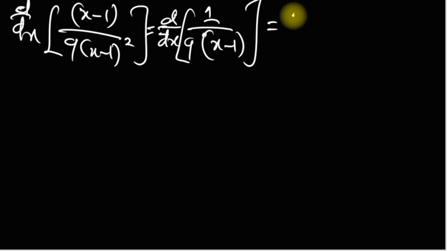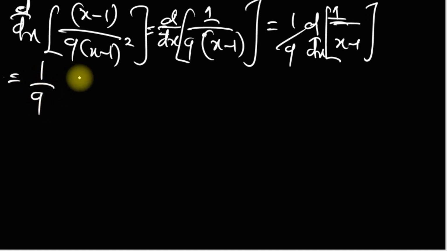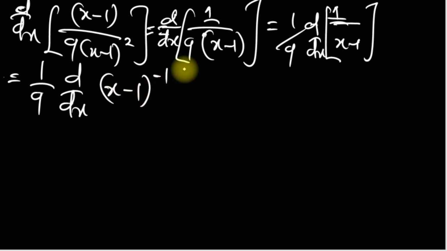I know we can bring out the 1 over 9, because we have 1 over 9 times the derivative of 1 over x minus 1. So we can write this as 1 over 9 d over dx. We can write this as x minus 1 raised to power minus 1.